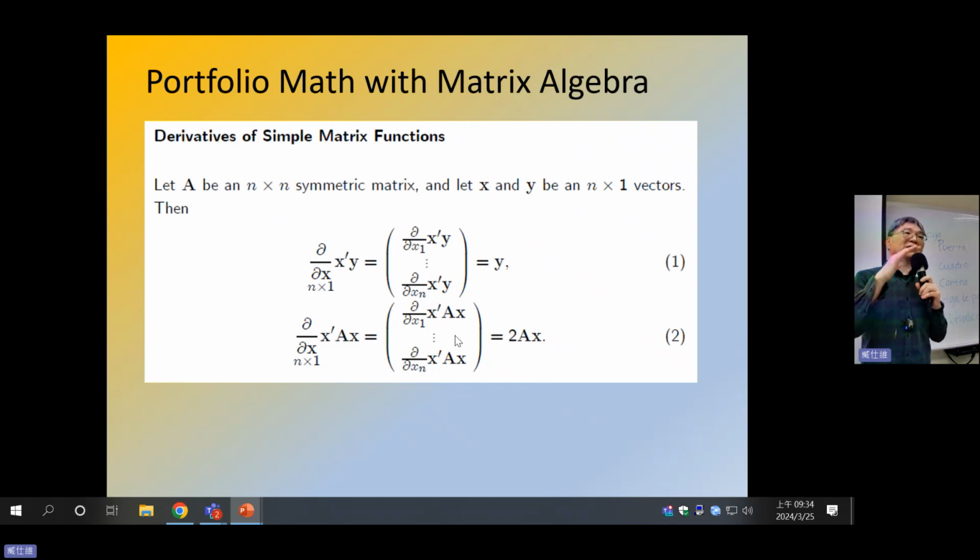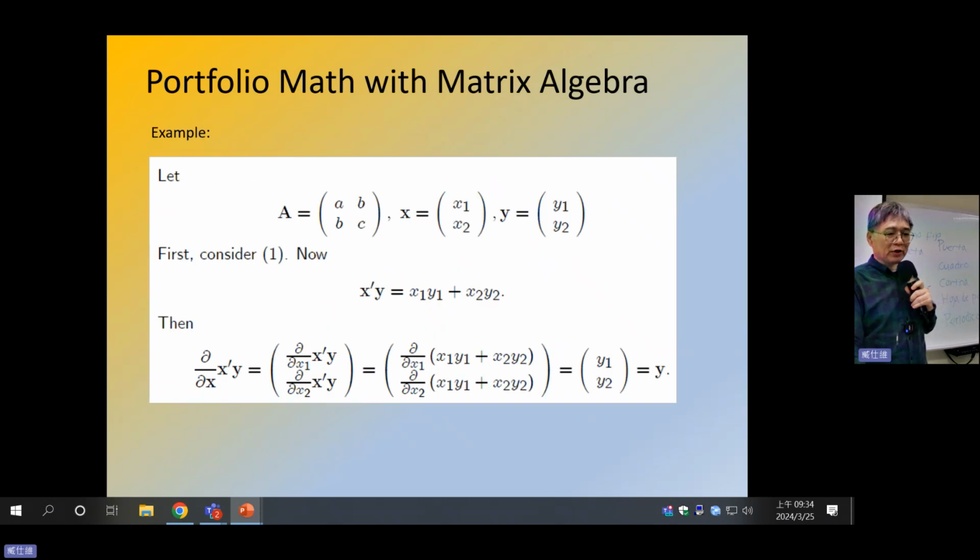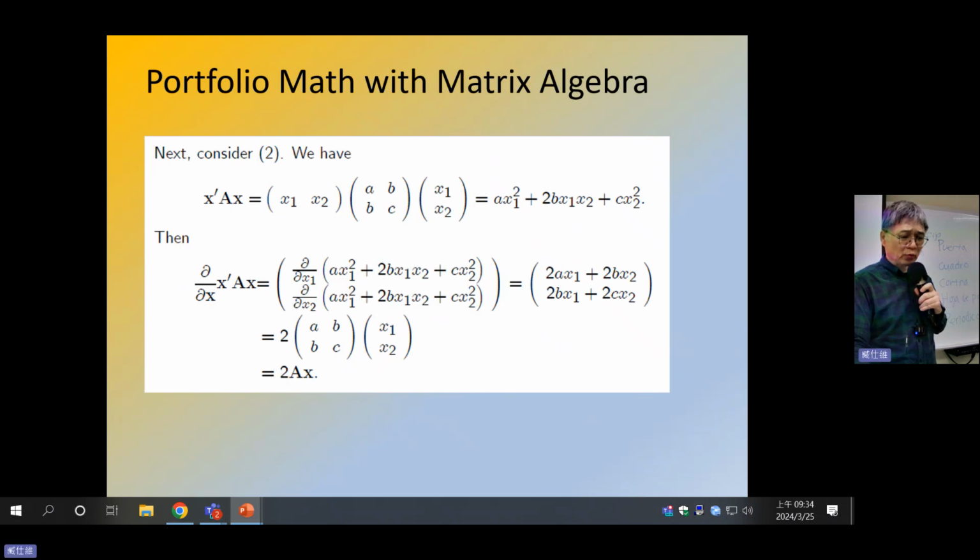If you don't understand how this works, don't be afraid. You can just treat this as a tool to help you do the calculation more easily in matrix algebra. The following is just an example about matrix derivatives, so we can skip this.